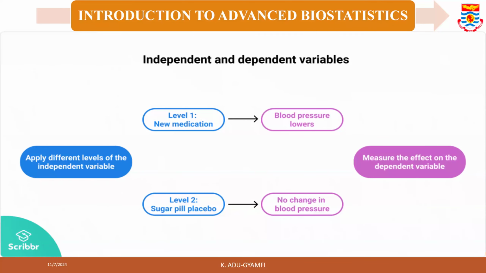I have something here from Madrid. You said that the medication will be the independent as it affects the blood pressure. And then Celestina, you have a point that medication will be the independent variable. All right.